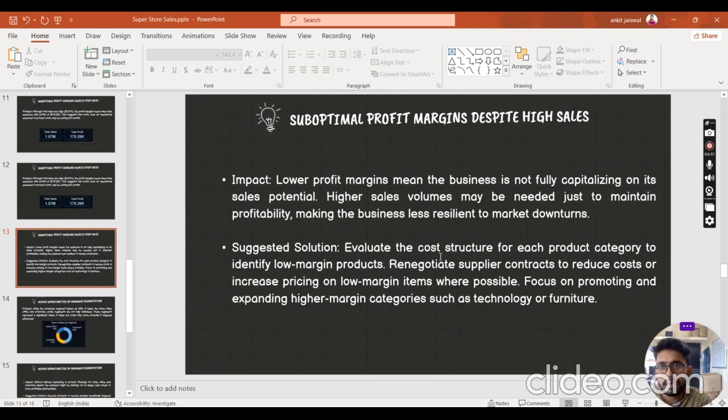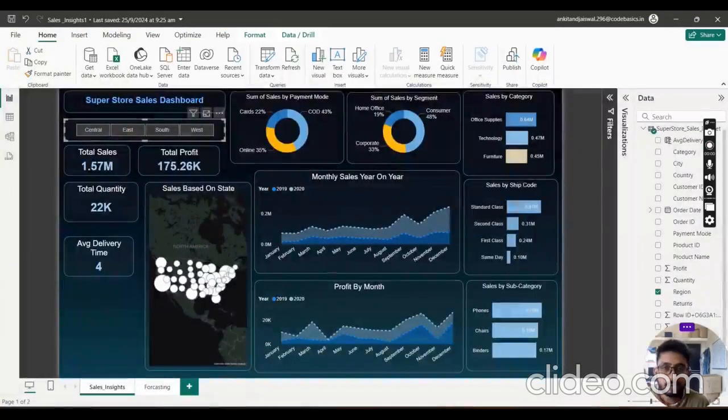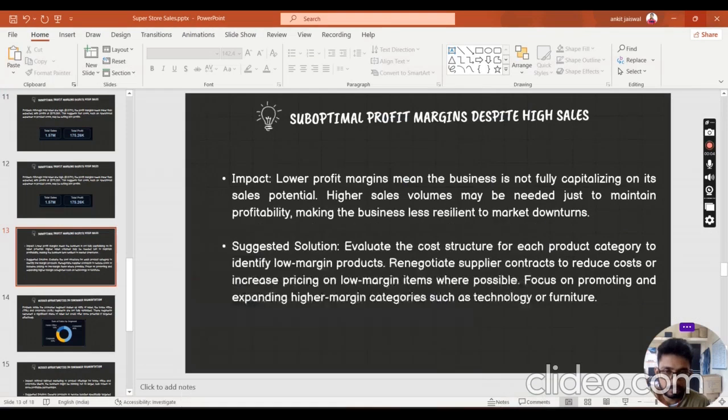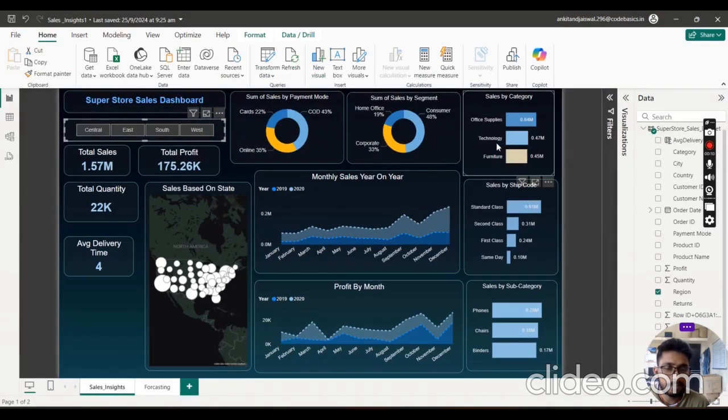Just work on high margin products as much as possible, promoting and expanding high margin categories such as technology or furniture. As you can see on my dashboard, these are higher margin categories, for example technology and furniture.